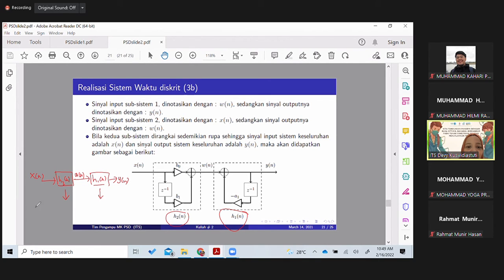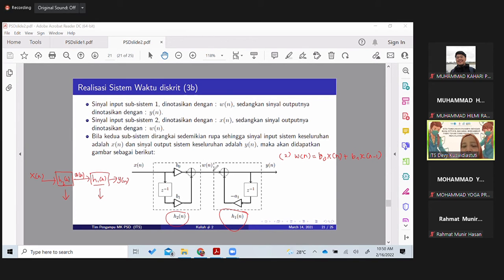So perhaps I will write it down here. From the second equation, wn equals b0 xn plus b1 xn minus 1.